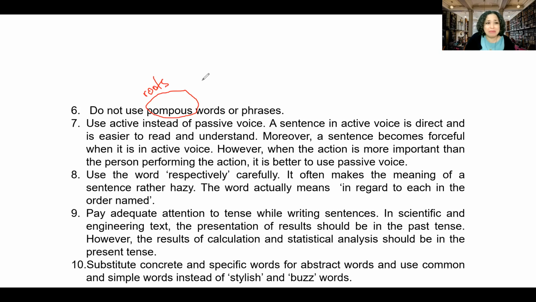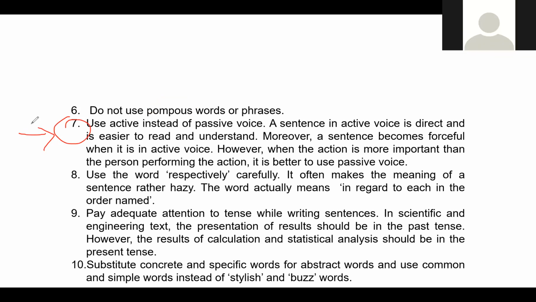Okay, number 7. Use active instead of passive voice. And like I said before, we are going to consider that as an extra class for next week. Yes, because you need to understand this is a different way of writing, and active voice is the safest way, and it's the better way to write something.